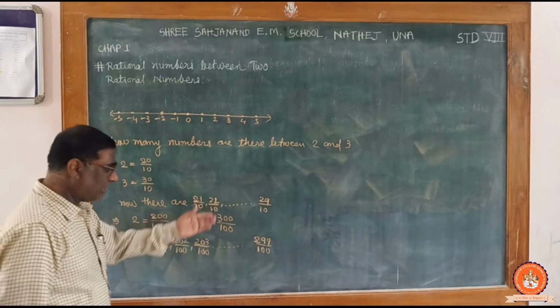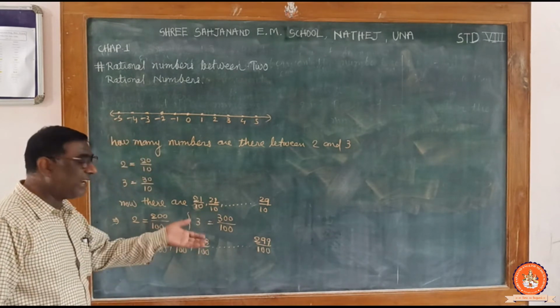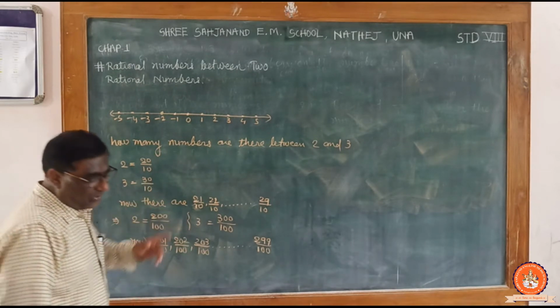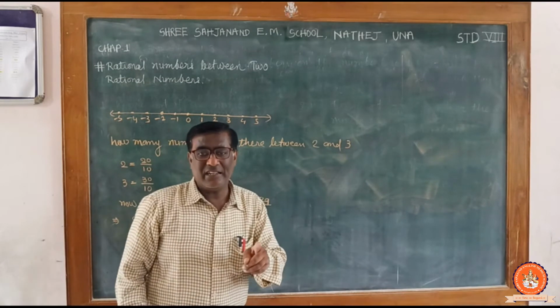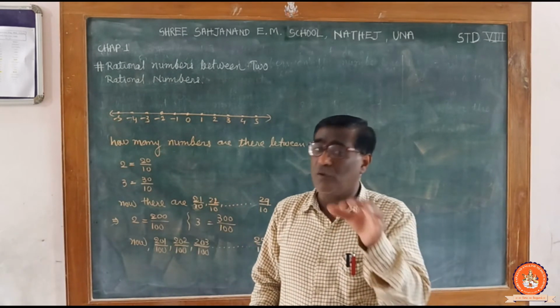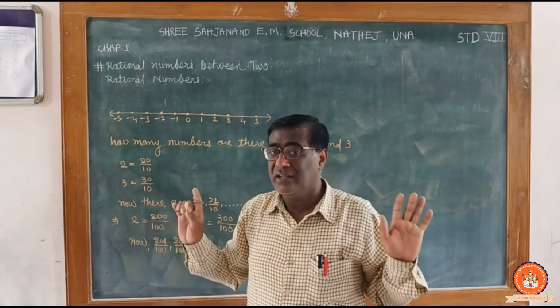And the next is 300/100. So as many as 99 numbers are there between 2 and 3. So you can say that there are infinite numbers between any two given numbers.